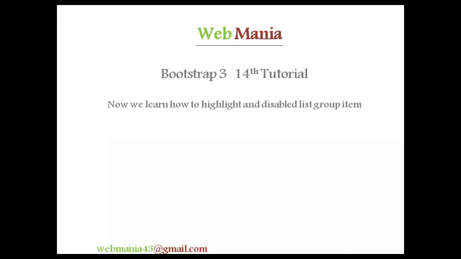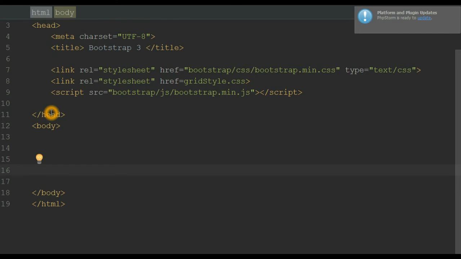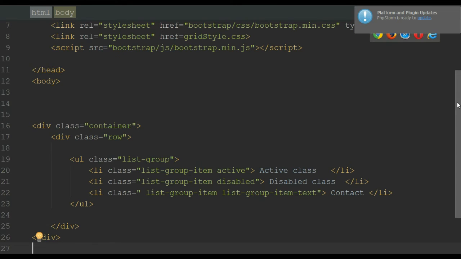Now we'll learn how to highlight and disable list group items. For this, we use the active class to highlight and the disabled class to disable the list group items. So let's go back to our editor to do it practically. So it's our editor, and I paste the code here.